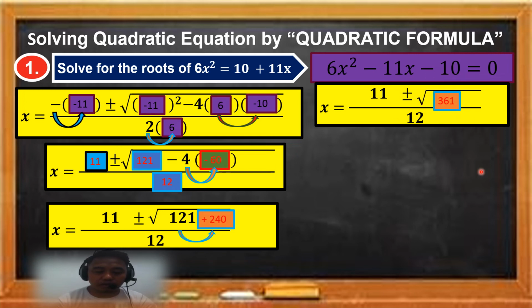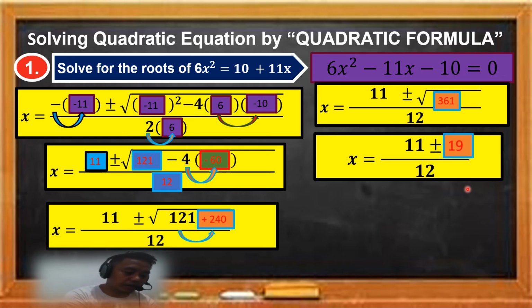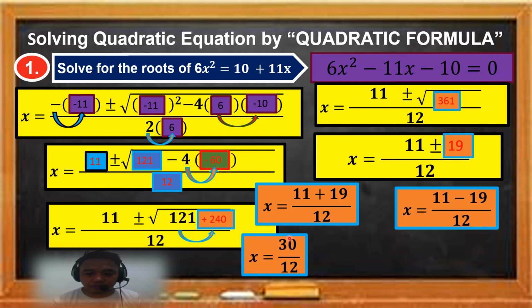Now, check if 361 has a square root. What is its square root? If your answer is 19, very good. Let's give a clap, if any of you got it. 19 times 19 is 361. Then, all over 12, you separate it: 11 plus 19 over 12, and 11 minus 19 over 12. 11 plus 19 is 30, so 30 over 12.